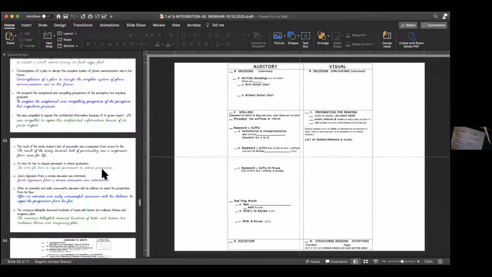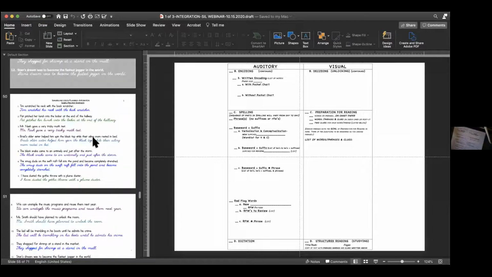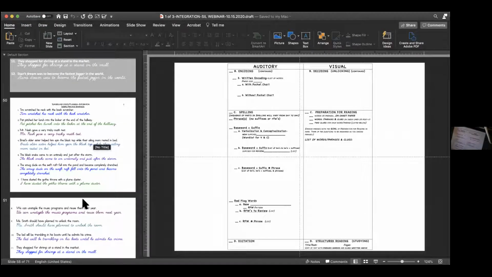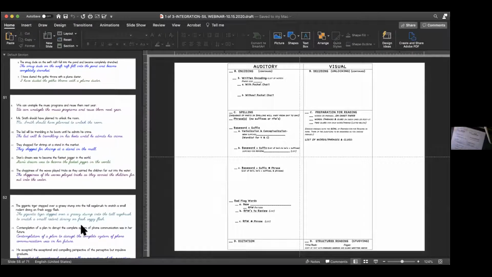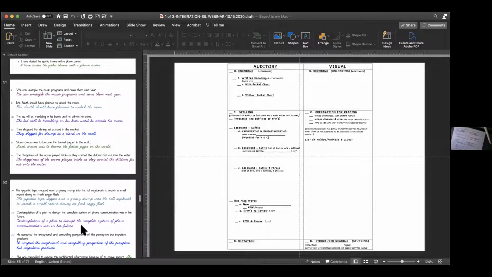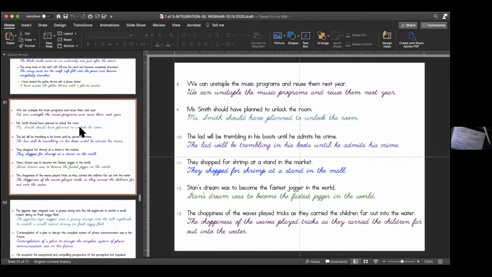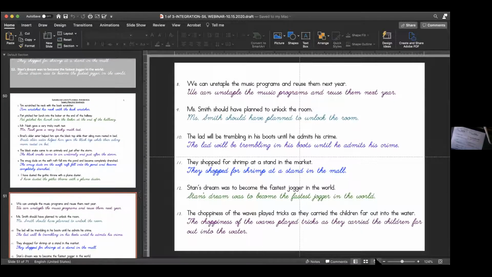Then let's start by having somebody choose the sentence you'd like to work on first. There's a lot of choices here. They have numbers. Maybe I should show them on the actual sheet.